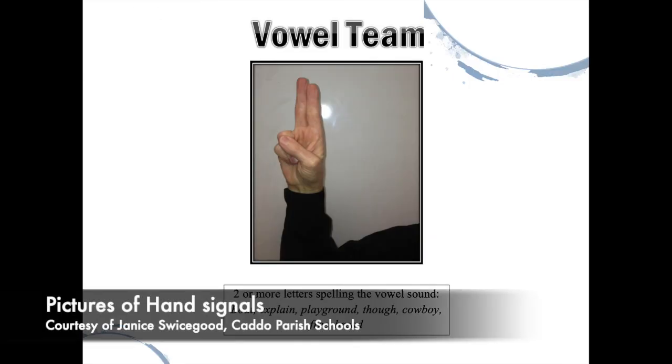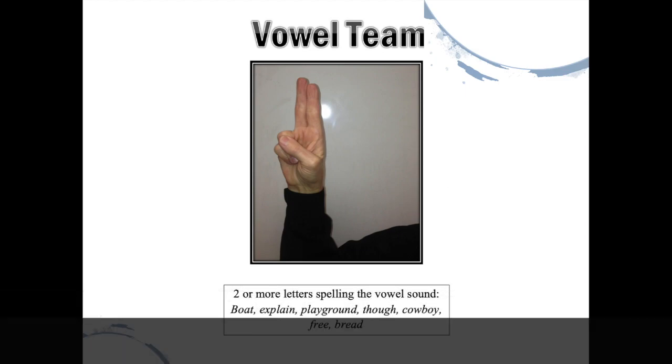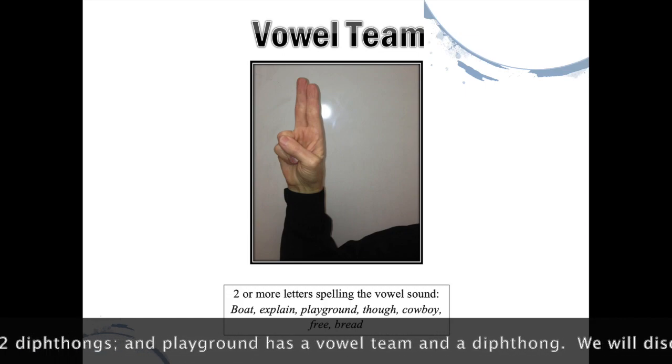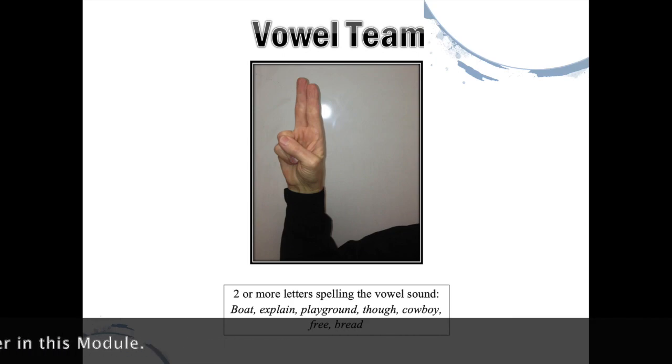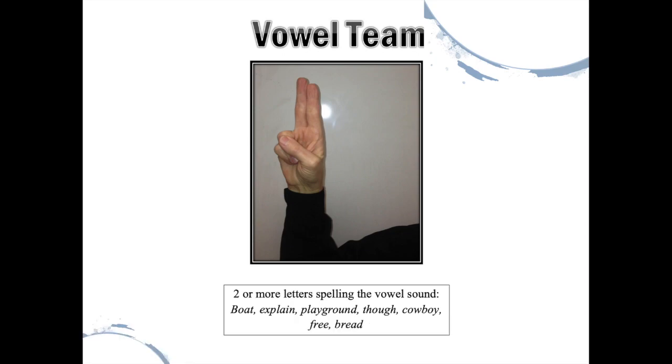This syllable type is characterized by 2 or more letters spelling the vowel sound. So our example words here are boat, explain, playground, though, cowboy, free, and bread. I think most of these words are self-explanatory, but I do want to take a look at the word though.